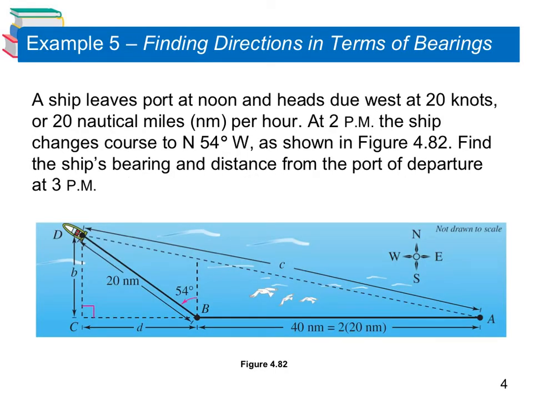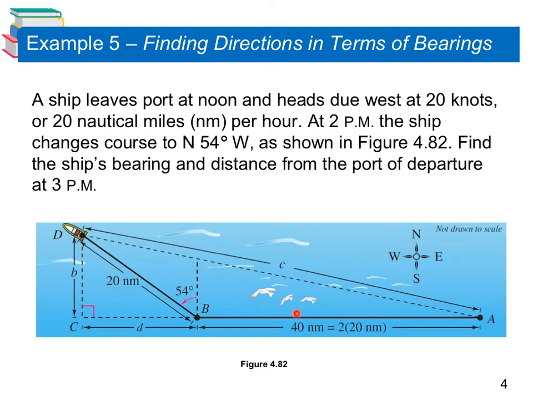Okay, take a minute, write this problem down, write the picture down. Picture might be even more important than the words. A ship leaves port at noon and heads due west at 20 knots, or 20 nautical miles per hour, until 2 p.m. Then he changes course to north 54 degrees west, and then for another hour.